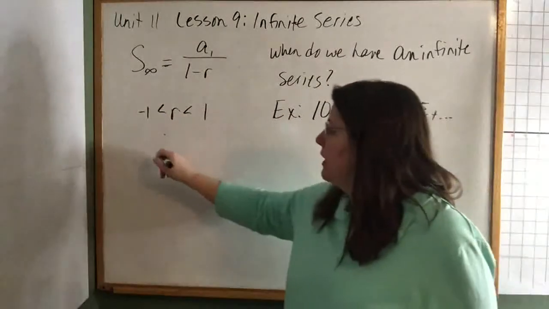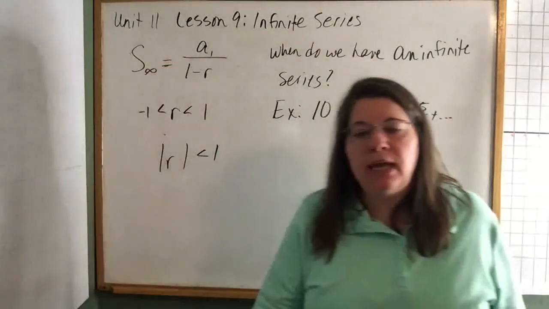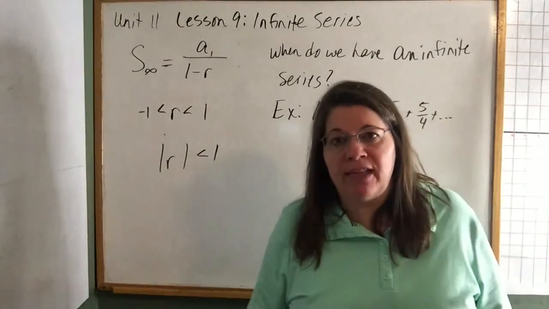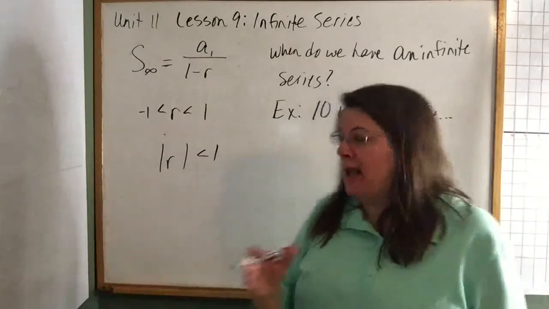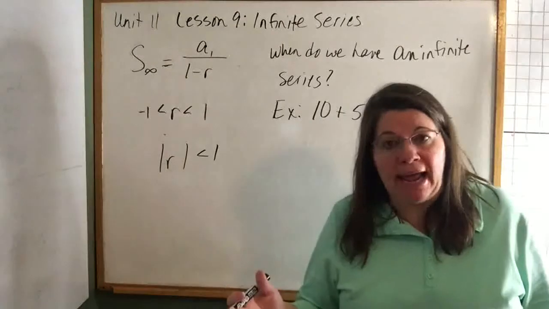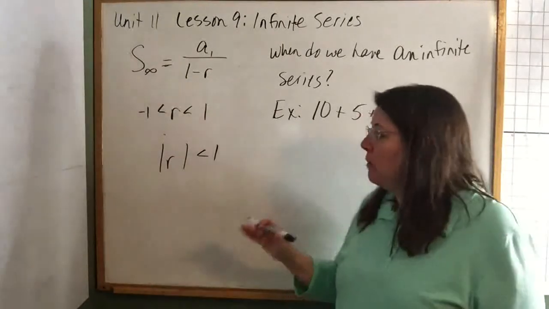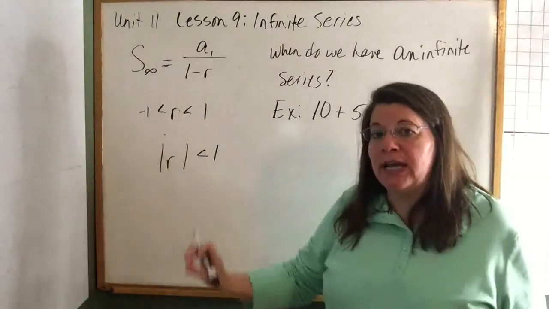In other words, the absolute value of r has to be less than 1. So it can't be something like 3/2. That's 1.5, right? It has to be a fraction between 1 and -1, so like 1/2, 1/3, 3/4. Those would all be ratios that would work for an infinite series.